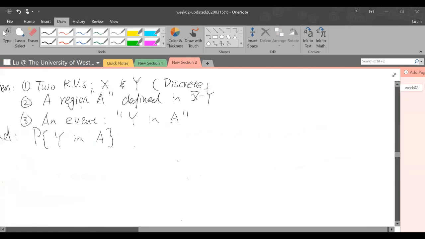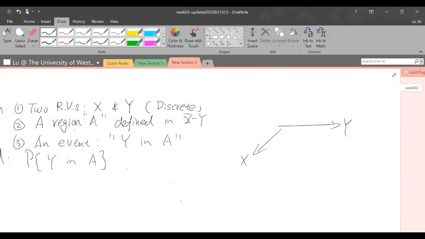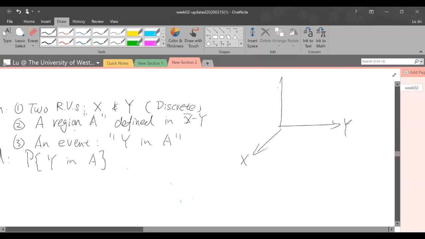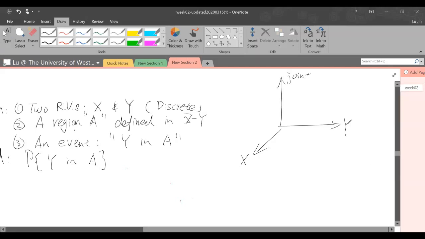Let's plot this out. This is another three-dimensional picture. Horizontally we have the Y and X random variables, which create a two-dimensional space. The third axis going up is the joint PMF or joint PDF. In this case, because X and Y are both discrete, we select the joint PMF as the third axis.